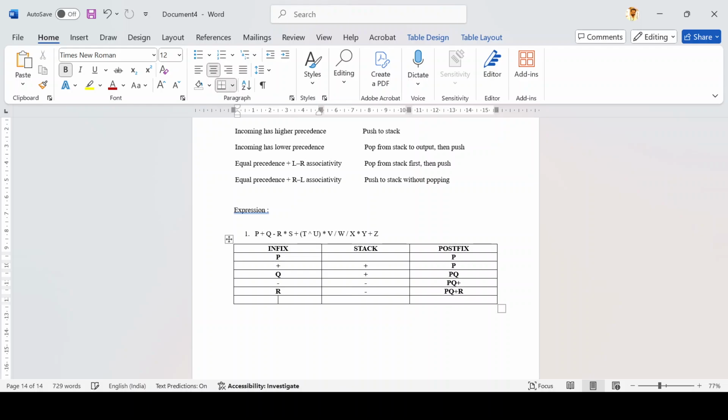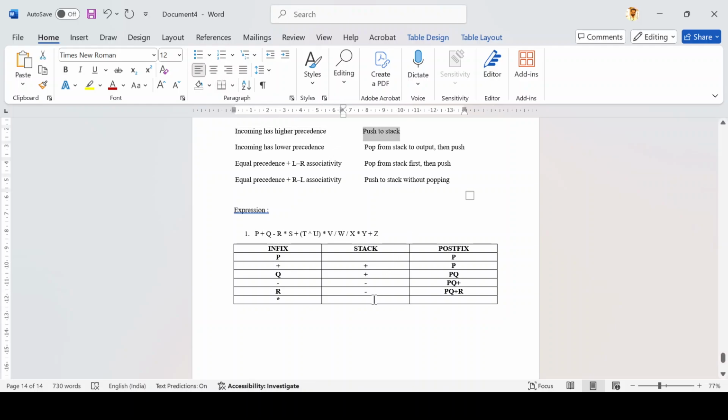Next, into is coming. Into and minus: multiply has a higher precedence. If the incoming has higher precedence, then push to stack.